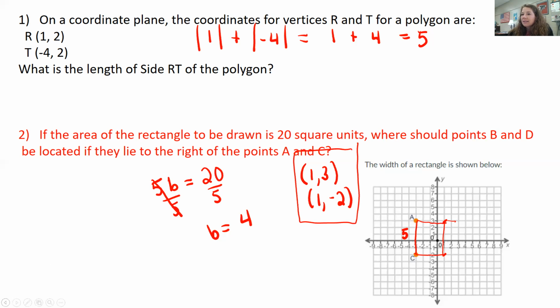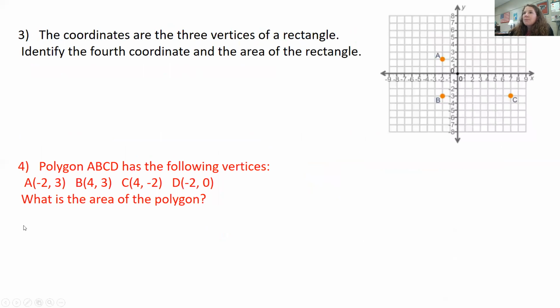All right, moving on. Number 3, the coordinates are the 3 vertices of a rectangle. Identify the 4th coordinate and the area of the rectangle. Well, we have 2 that lie here vertically. B and C both have the same Y value, which is -3, right?